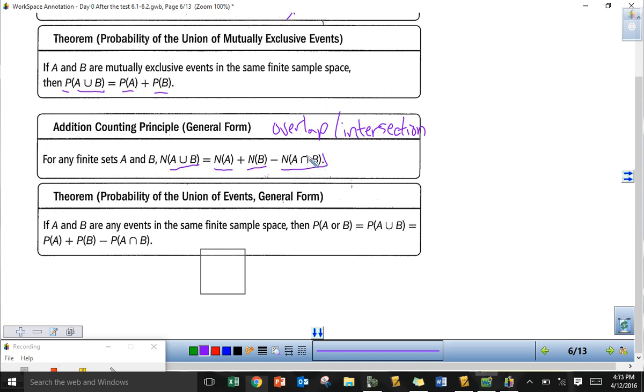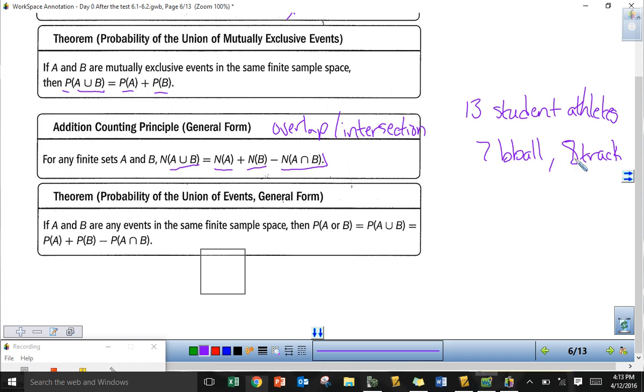Okay, this makes sense because if we're talking about, say, a group of 13 student athletes, and I tell you that out of that group we have 7 basketball players and 7 individuals who are out for track. Okay, let's call that 8.